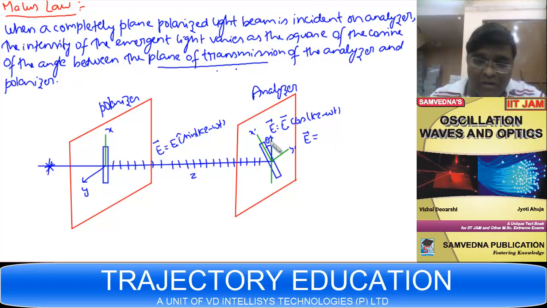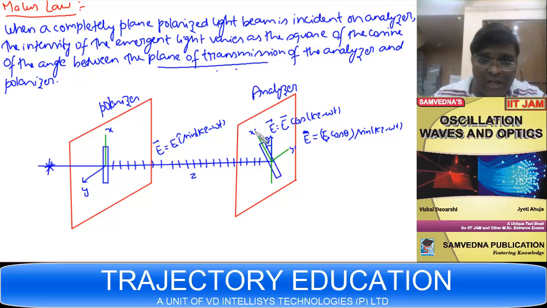Along the path axis of the analyzer, the field will be E naught cos theta sine kz minus omega t. So this analyzer is going to allow only the component lying along its path axis.